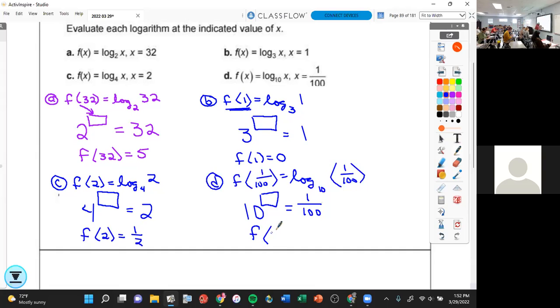Let me write it down. 10 to what power is 100? 10 squared, right? 10 squared is 100. How do I take 100 and make it go to the denominator?